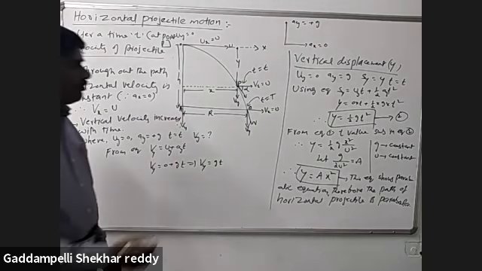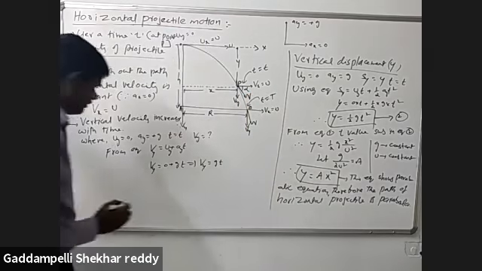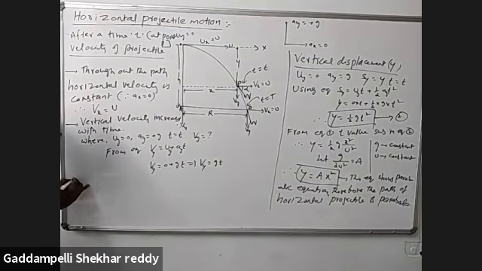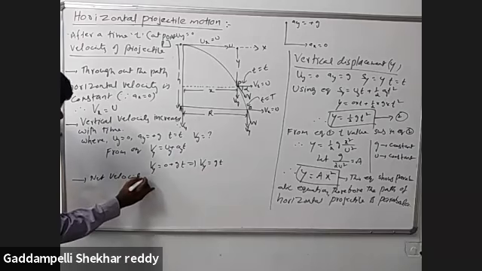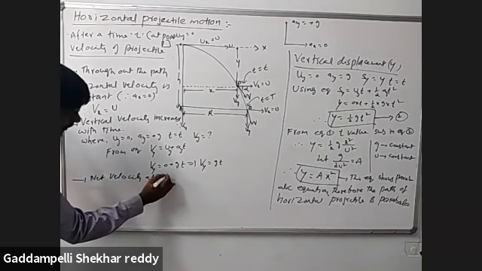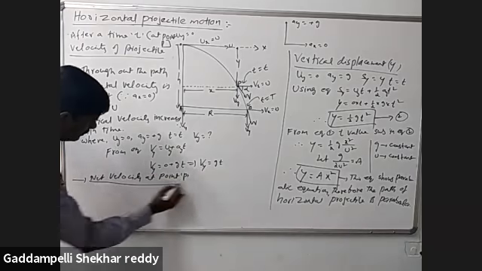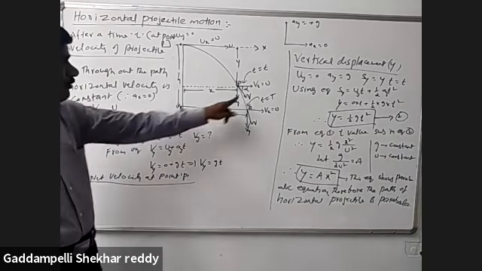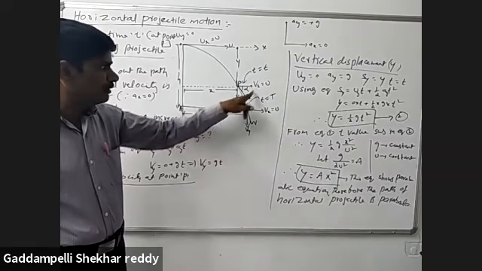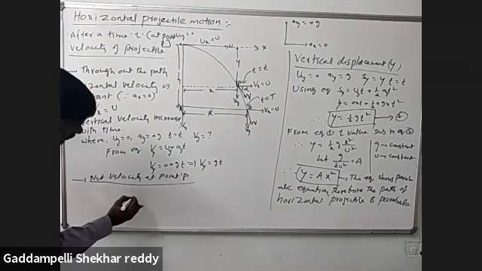Now the velocity in the plane, that means the net velocity at point P. What is the net velocity? Here velocity is a vector in two dimensions, x direction and y direction. That can be written in vector form.